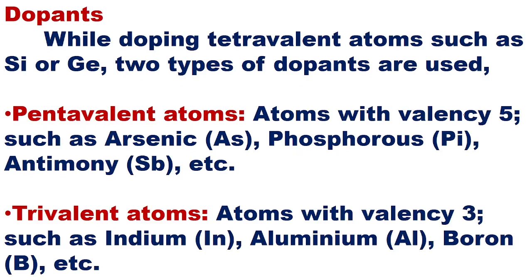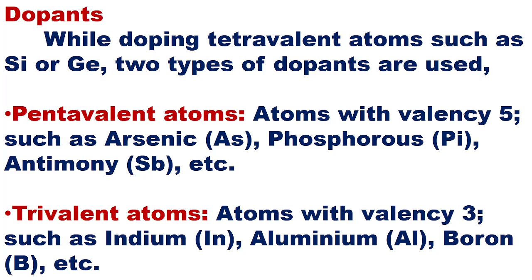Now, while doping tetravalent atoms such as silicon or germanium, we know that silicon and germanium are the two purest forms of semiconductors and they are tetravalent in nature, that is, they have 4 valence electrons each. While adding impurity to these, we have two types of dopants.